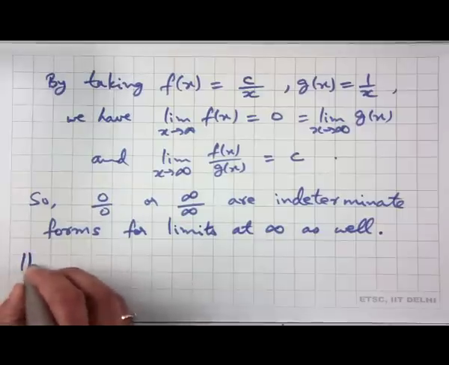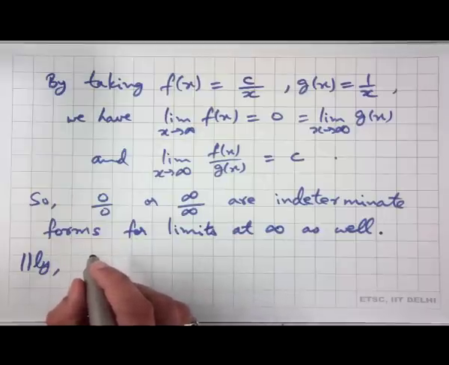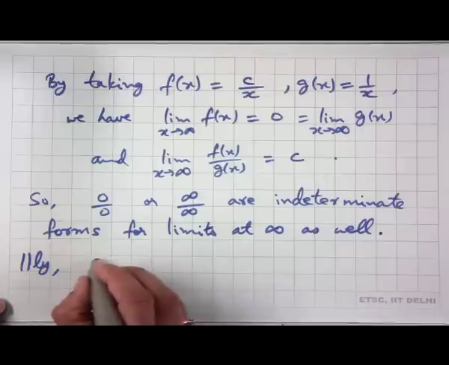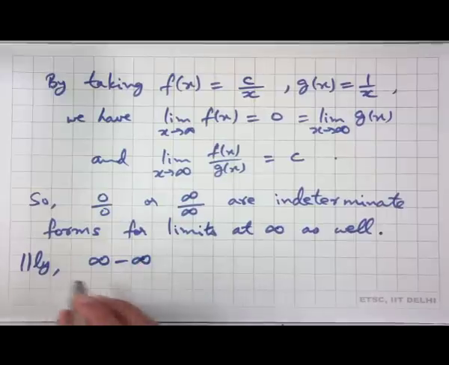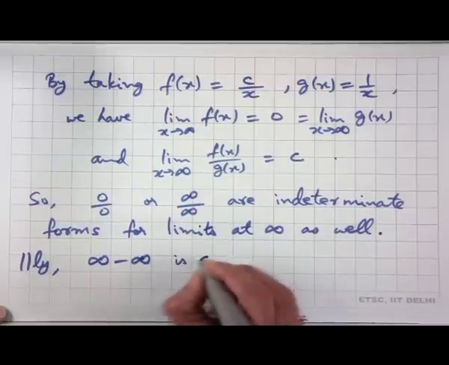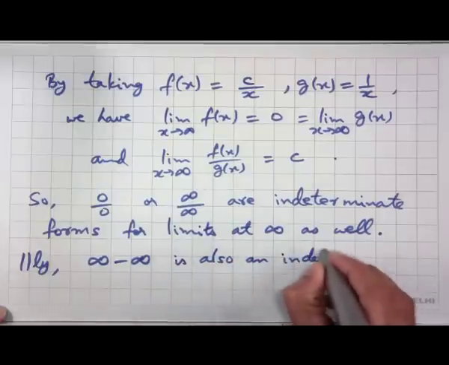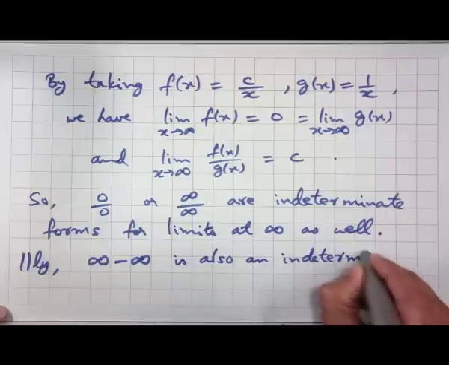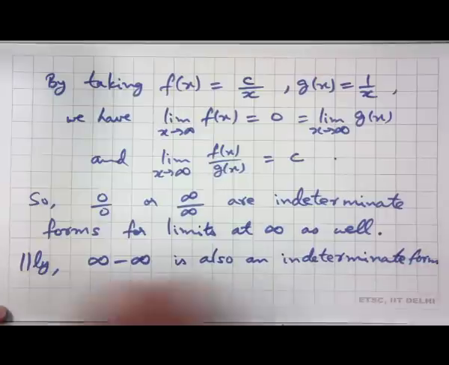Similarly, if the limit of f of x is infinity and the limit of g of x is negative infinity, then we cannot say in general what is the limit of f x minus g x. So, infinity minus infinity is also an indeterminate form. Also, 0 times infinity.